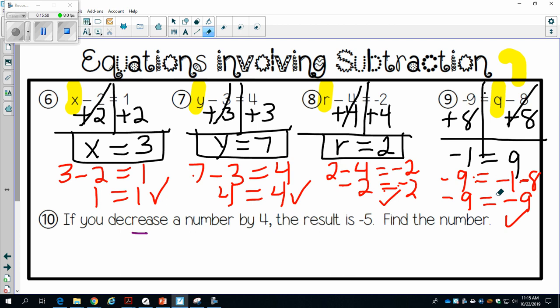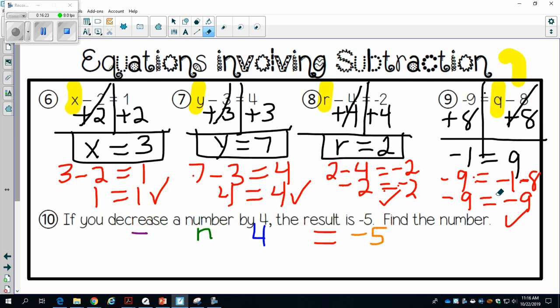We're subtracting a number. You're decreasing a number by 4. So we're just going to put the 4 here. And then we have the words the result is, so the result is would be our equal sign. And we can see here that the result is negative 5.